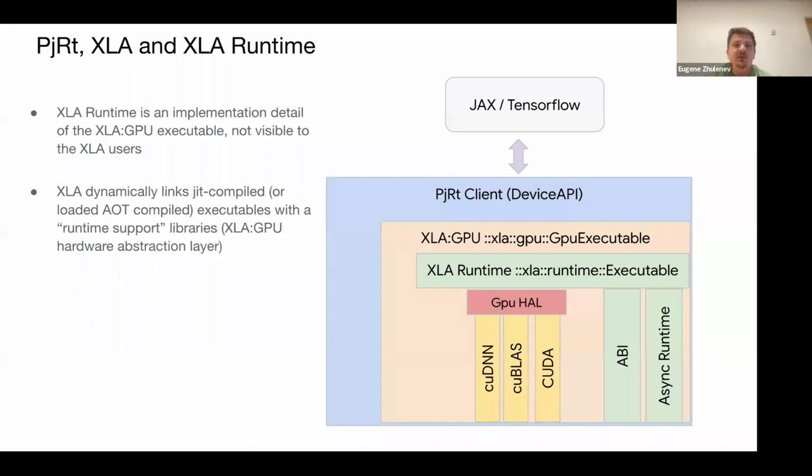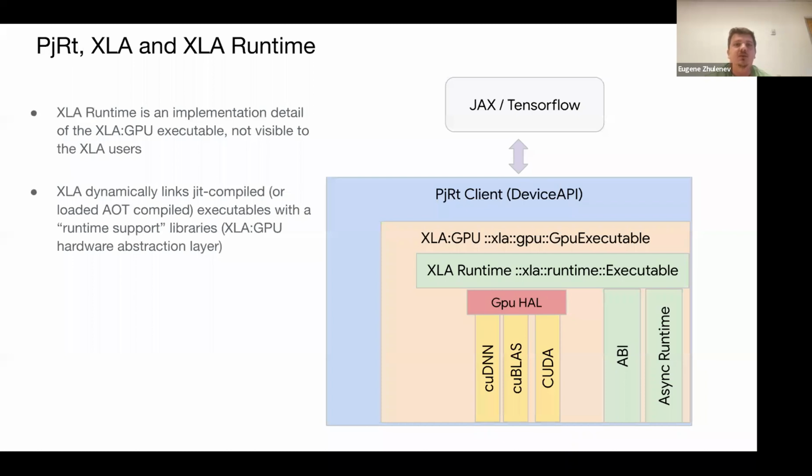So the high-level picture is something like that. If you have JAX or TensorFlow that use XLA as a library, they will probably talk to XLA through the PjRt client. It's going to be the device API. In the future, there's some work about refactoring the PjRt client, and the PjRt client will talk to the XLA GPU executable, and the runtime has another executable, which is an implementation detail of the GPU. So the clients of XLA shouldn't even know that we have this runtime thing.